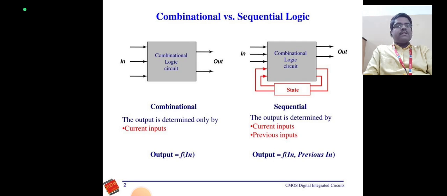Sequential circuits are combinational logic circuits plus memory devices. In sequential circuits, the output depends on present inputs and past outputs, previous inputs. So the main difference between combinational and sequential circuits is the memory element.